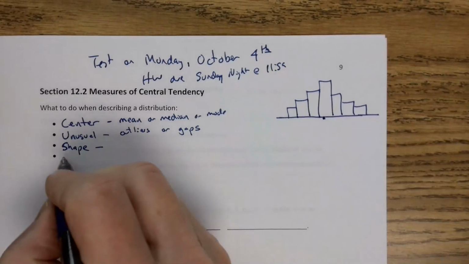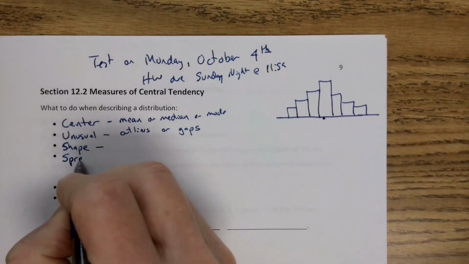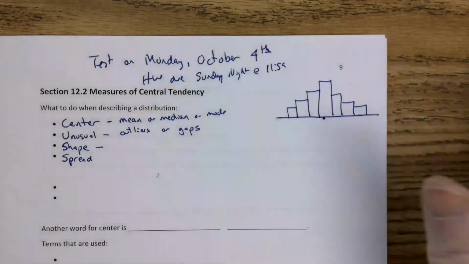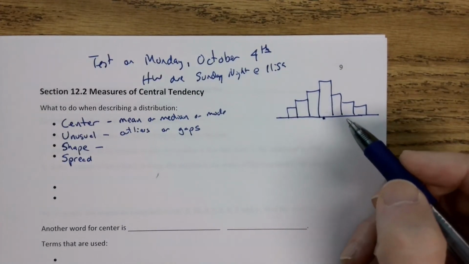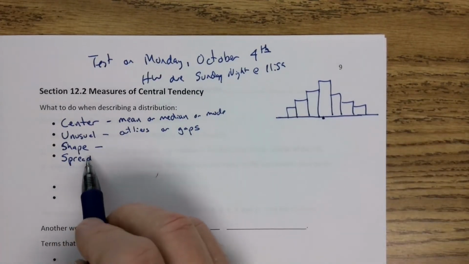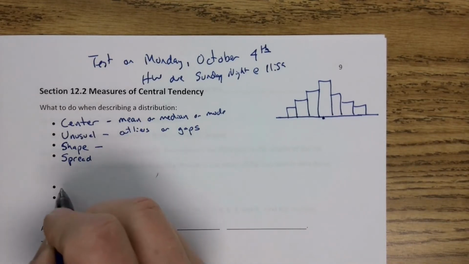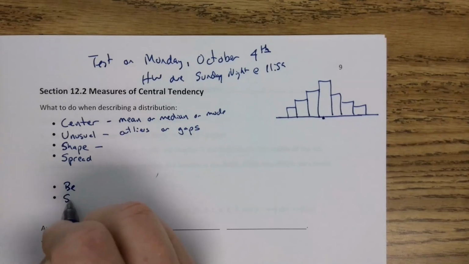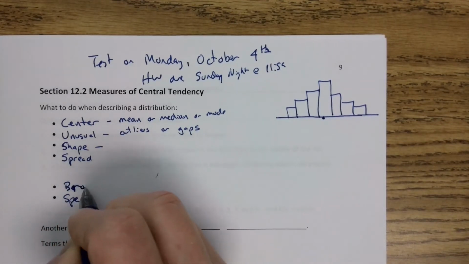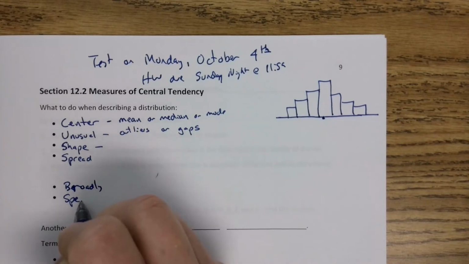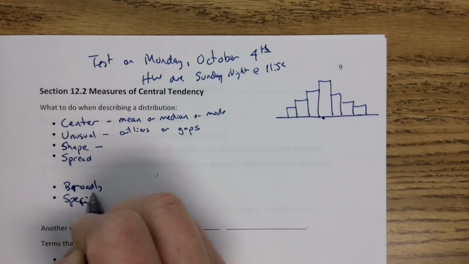And then we should talk about spread. How far out is this stuff spread? Range, that type of thing. Okay, 12.3, I believe, is spread. And then you should be specific. Broadly specific.